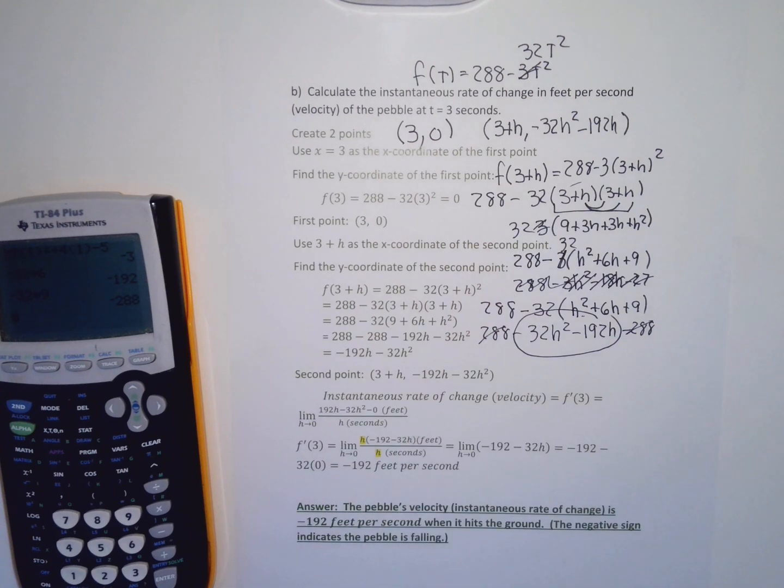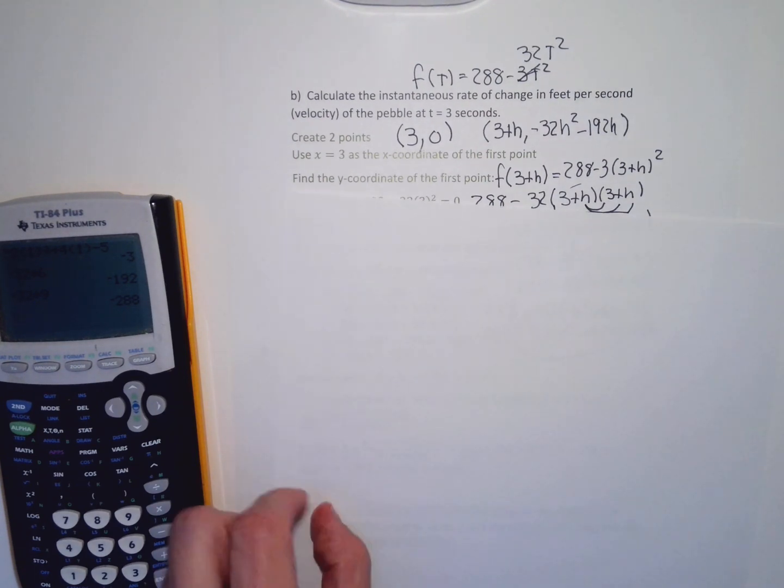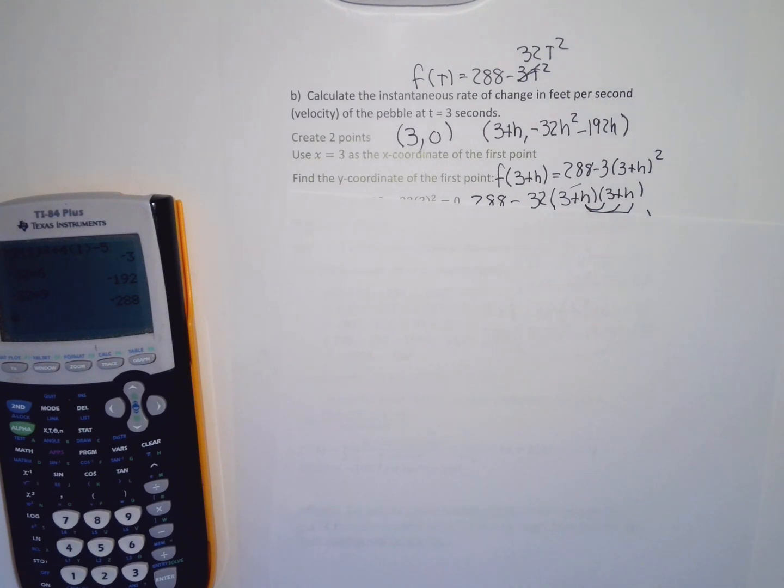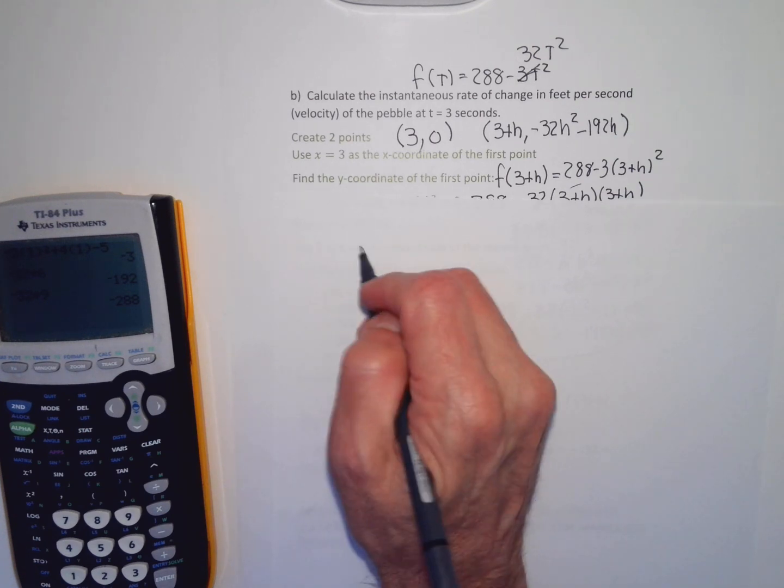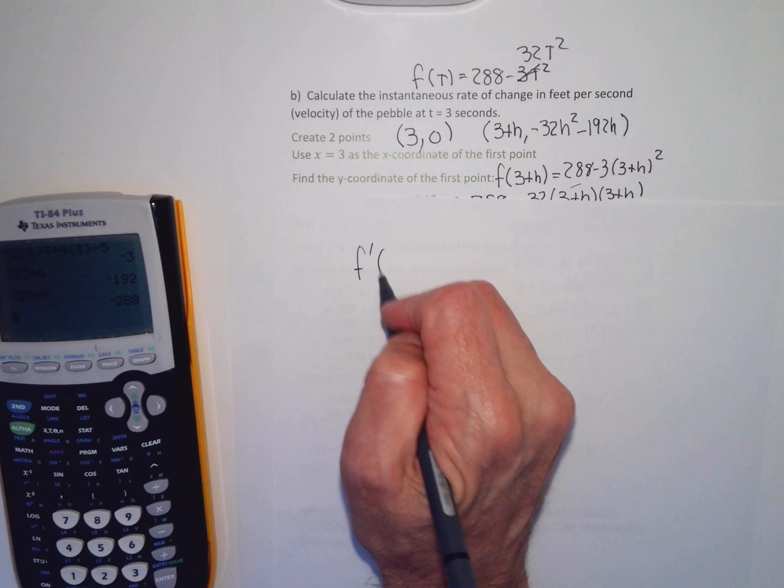Let me get some different paper so I can write better. So I have my 2 points. I'm trying to find the instantaneous rate of change, and the numerator is going to be the y's. The denominator is going to be the x's.